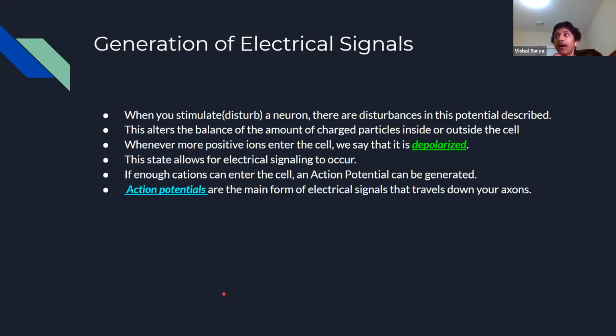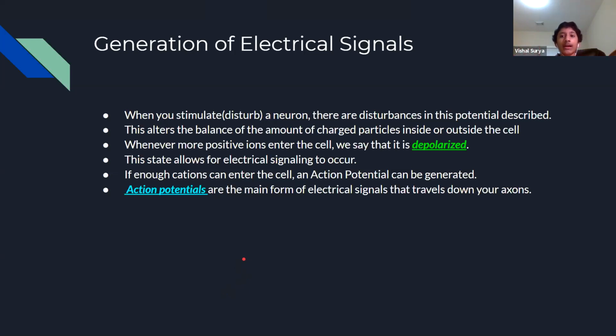Whenever more positive ions enter the cell, we call that depolarized, what the cell state is in. You don't really have to know the meaning behind it, but know that this is because usually the cell, as we said, is at negative potential, right?